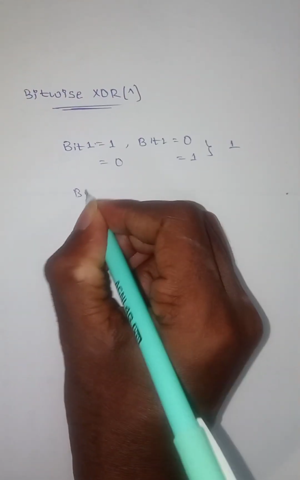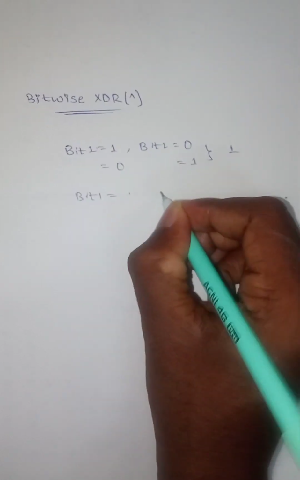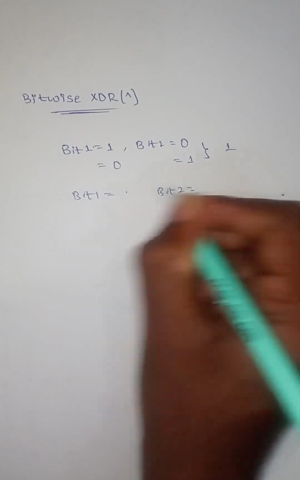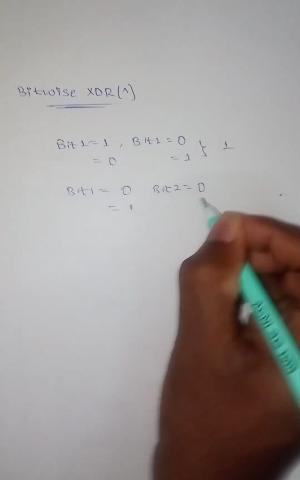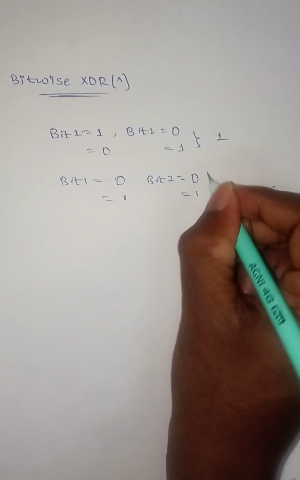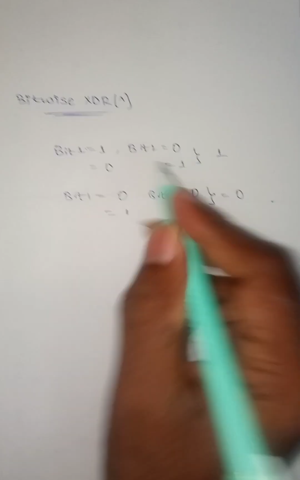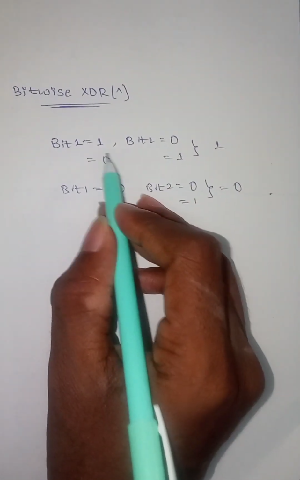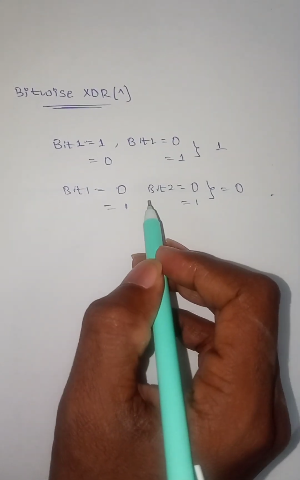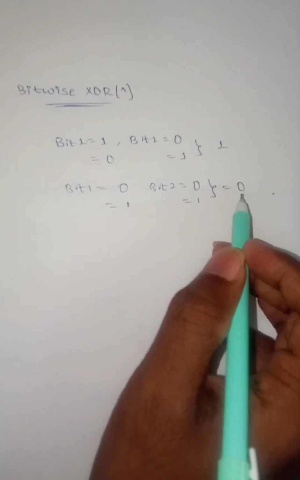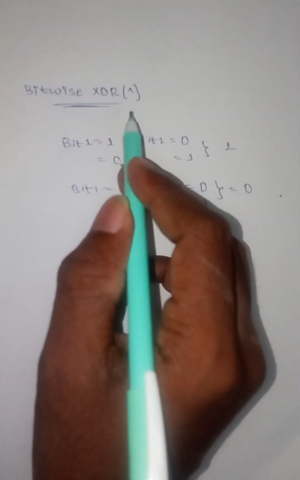And if both the bits, bit 1 and bit 2, are the same, either both 0 or both 1, then the output would be 0. So if any one of the bits is 1, then the output would be 1, and if both the bits are the same, then the output would be 0. This is about the bitwise XOR operator.